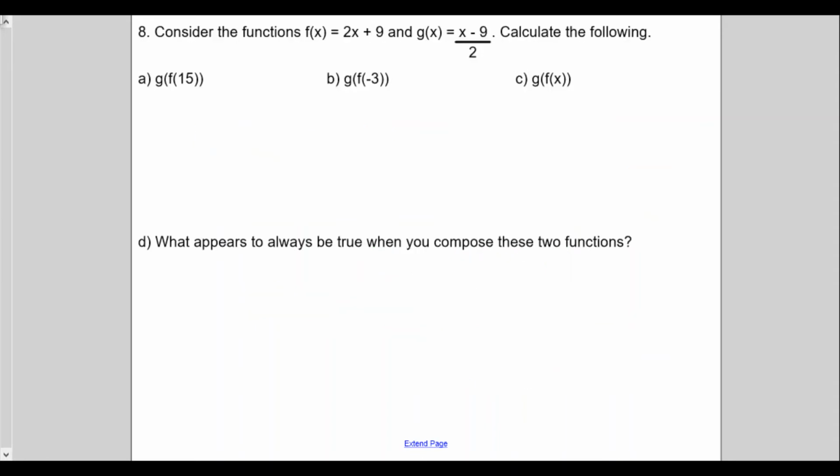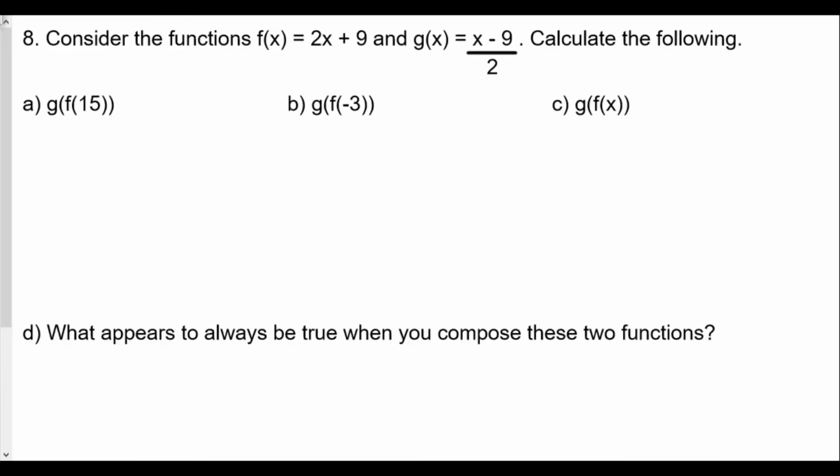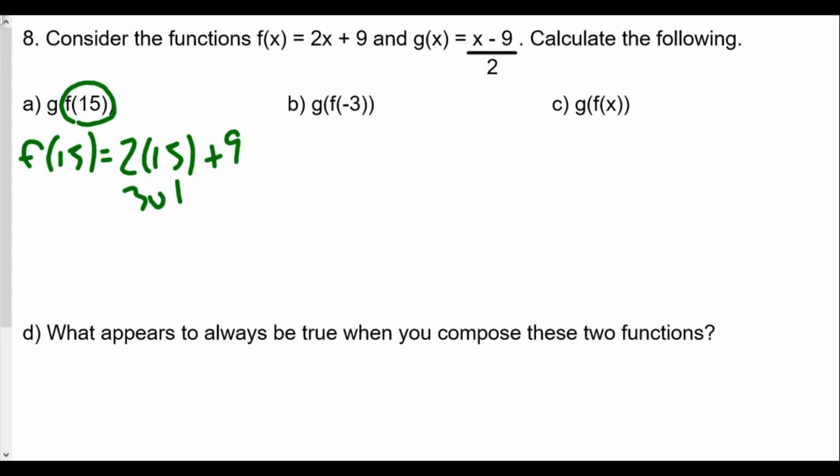Question 8. Consider the functions f of x equals 2x plus 9, and g of x equals x minus 9 over 2. We're going to calculate g of f of 15, so that means f of 15 first. f of 15 is equal to 2 times 15 plus 9, which is 30 plus 9, or 39.